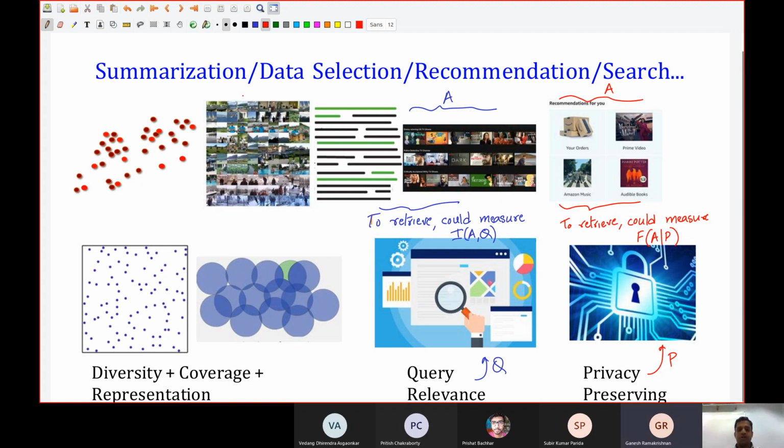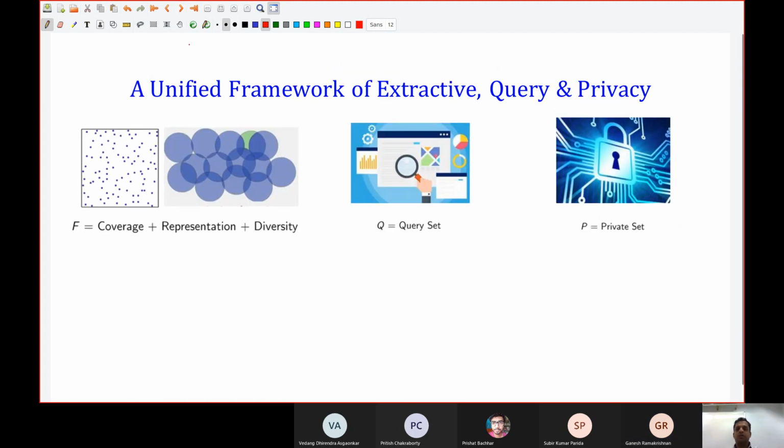You could also have combinations of these. Could have query and privacy preserving both, right? So basically, what we have now provided is a unified framework for extractive query and privacy preserving summarization. So you could have a combination of coverage, representation, and diversity. And this is query agnostic, right?